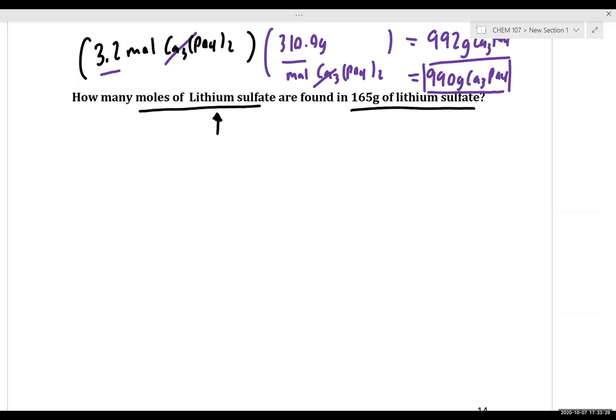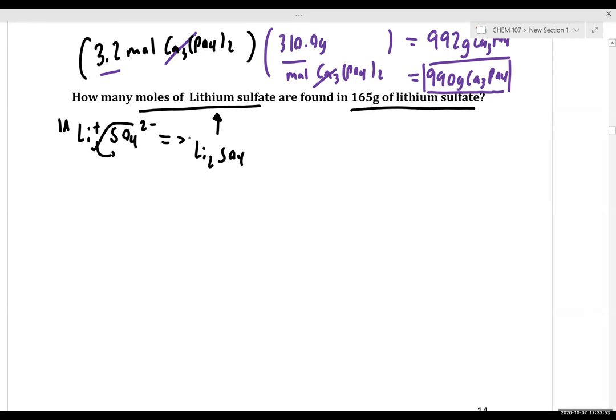Lithium 2 SO4. Yep, exactly right. Just to explain the logic behind that, lithium adopts a +1 charge because it's a 1A element. Sulfate is SO4 2-. We cross our charges and that gives us Li2SO4.